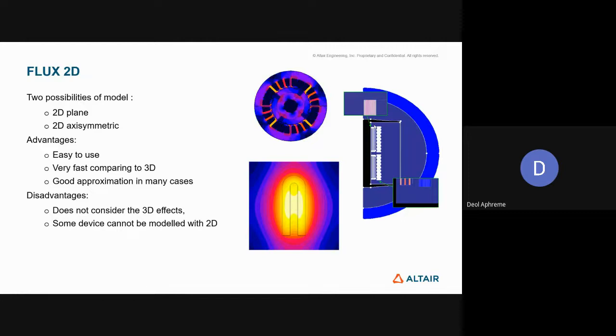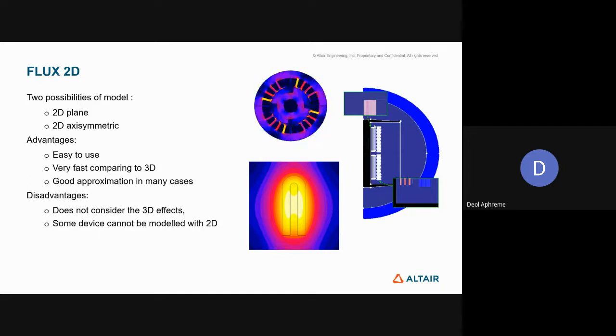The reason why 2D is used extensively is because it's very easy to use. You do not need to spend a lot of time setting up the project or your definition, and it's very fast compared to 3D in the sense that it takes much less time to solve. Say your 3D project for back EMF of a generator takes, depending on the size of the generator, anywhere between 6 hours to 3 days.